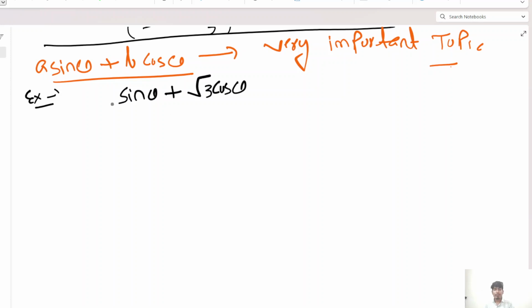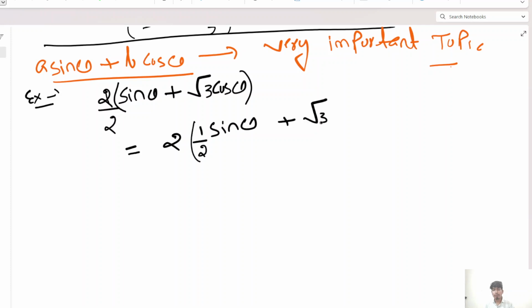If we write this with 1 upon 2, 2 upon 2, can we write this as 2 into sin theta into 1 upon 2 plus root 3 upon 2 into cos theta? Just multiplying 1 upon 2 inside.